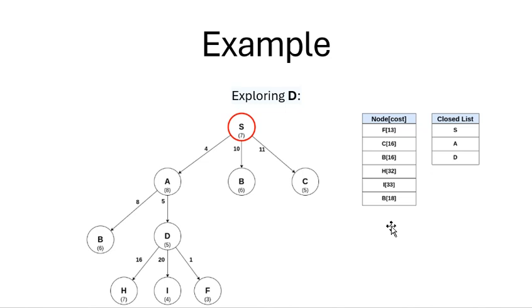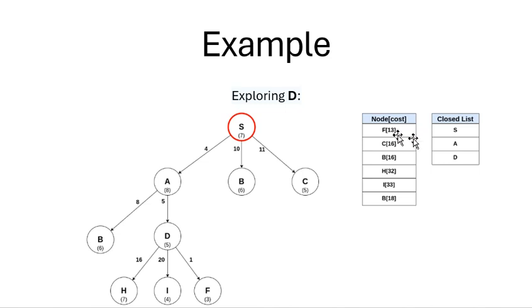I hope you all know how to update the priority queue for the incoming values. If not, you can explore one of my videos on priority queues and how these are implemented. Now, the next lowest cost path is F, which is unexplored.